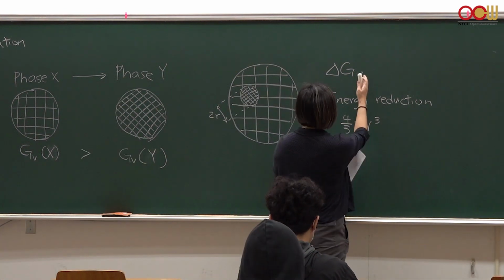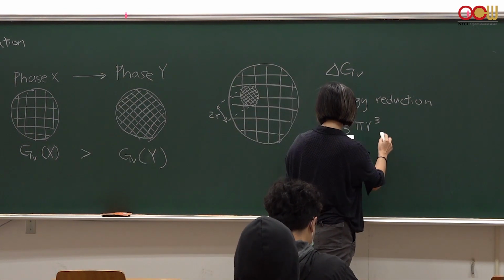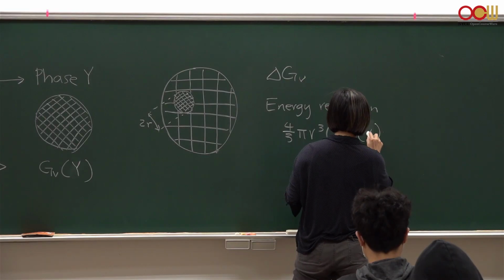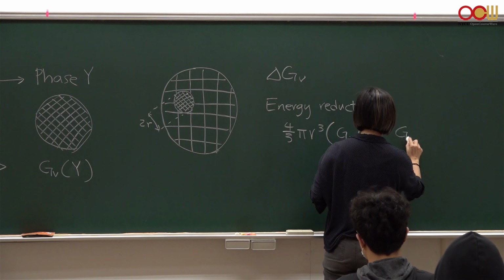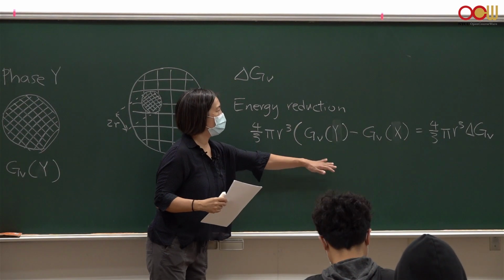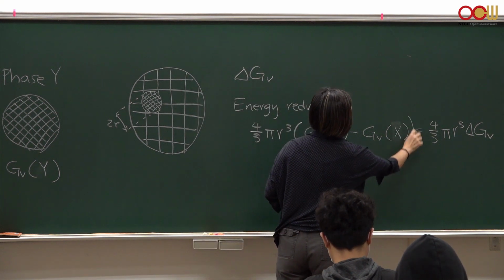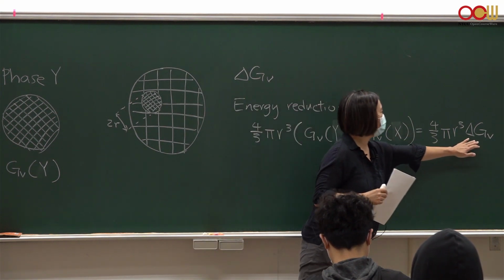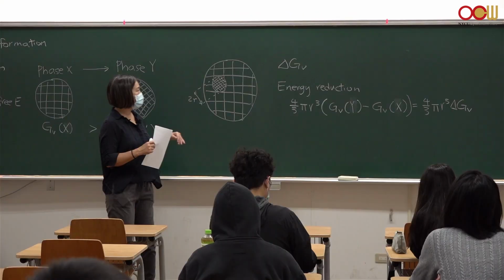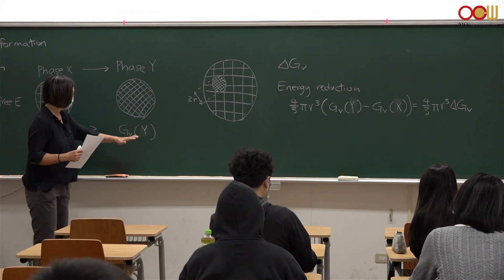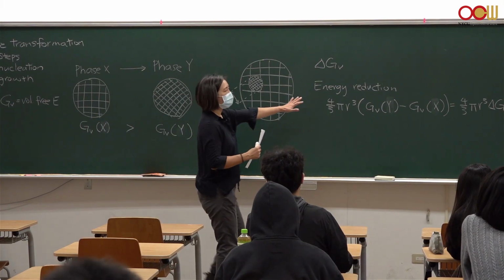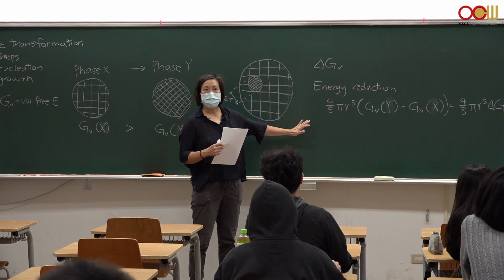So the energy reduction due to the formation of this new phase is G_V of Y minus G_V of X. You end up with Y, you started with X. So that's the delta G_V. And delta G_V is going to be a negative number because G_V of Y is smaller than G_V of X. Okay, so this is the energy reduction when you have phase transformation.